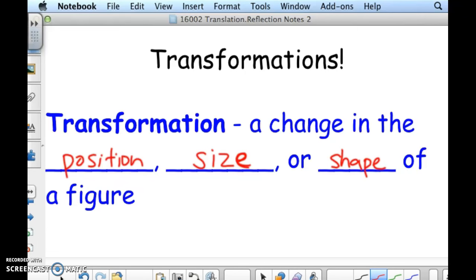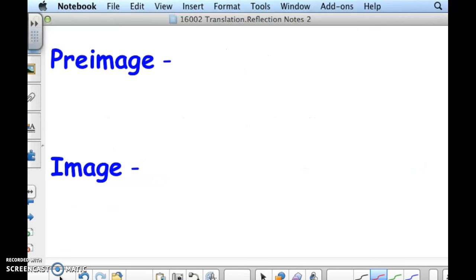There are 3 vocabulary words I want to cover before we move much further, before we jump into translation. So what I have, I've got pre-image, image, and isometry. So for this first word, I'm going to think of what the prefix pre means. So if you're thinking what I'm thinking, it means before, right?